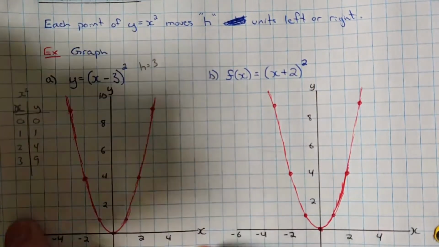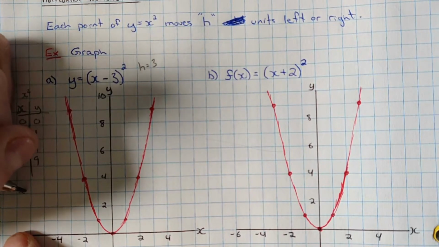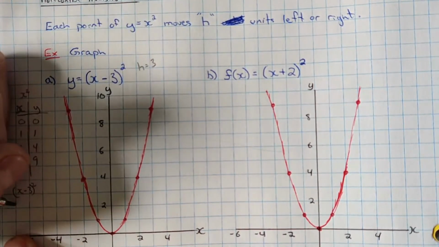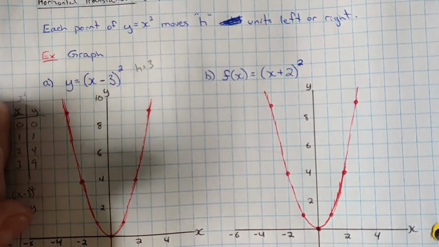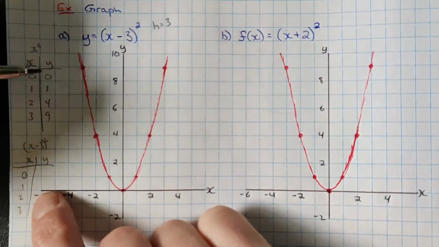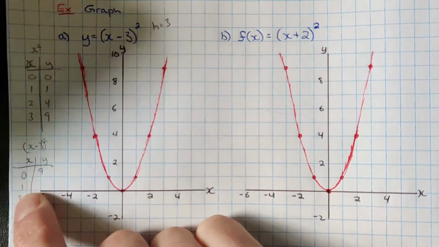But if we take x minus 3 squared, then what we have is now x of 0, 1, 2, 3. 0 minus 3 is going to be negative 3, so that's going to be 9.